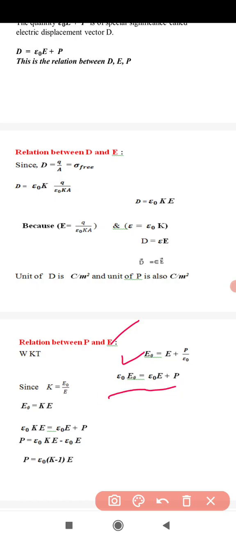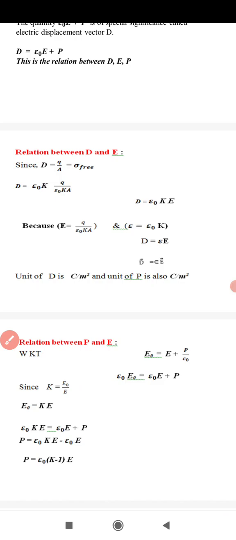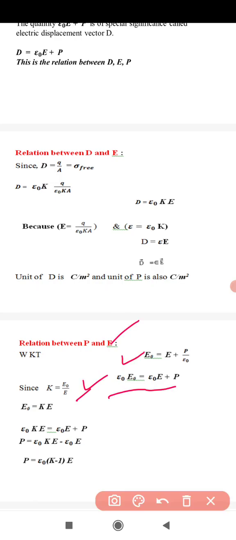We know that the dielectric constant is the ratio of the applied electric field to the net electric field. So E naught is equal to K into E. This term will be applied into this equation. We will get epsilon naught K E, which is equal to epsilon naught E plus P. So rearrange this equation: P is equal to this term.